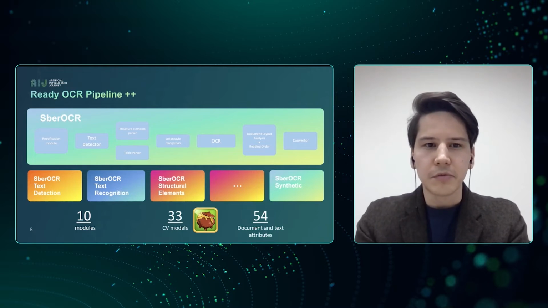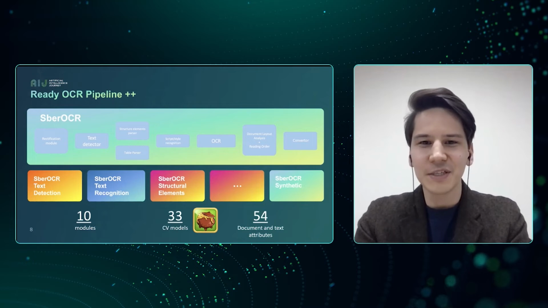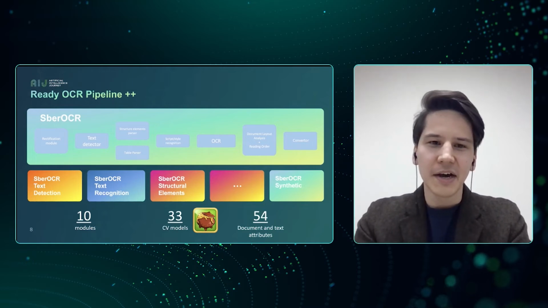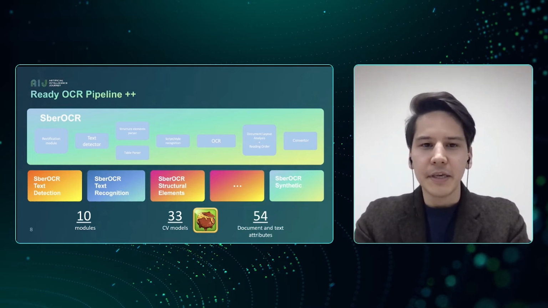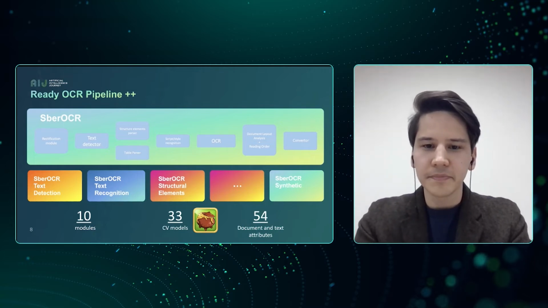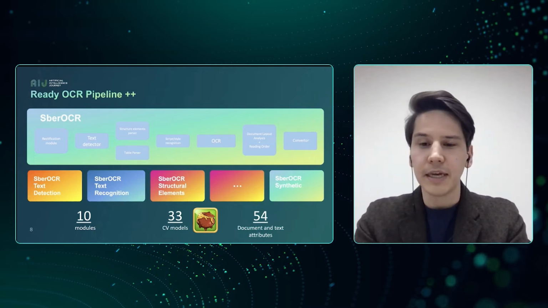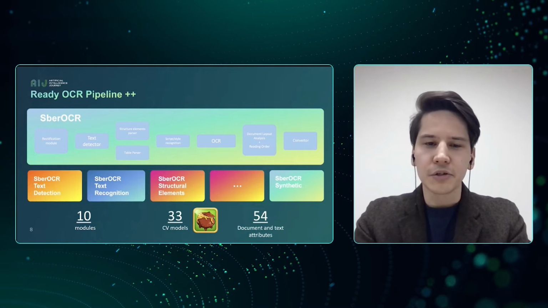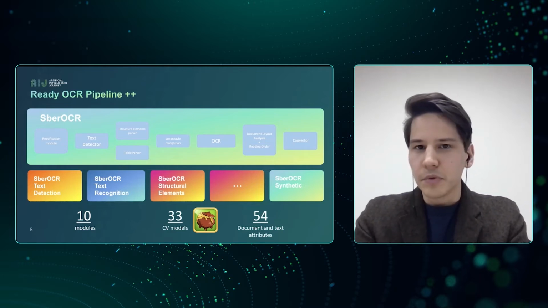Right now, there are 33 models in our garage. Half of them are OCR models, various language models, and half of the models are distributed between modules. In fact, it's quite a lot, and you need to know how to manage them.